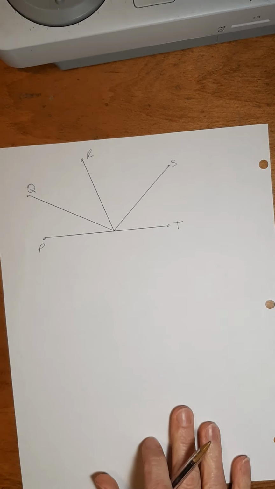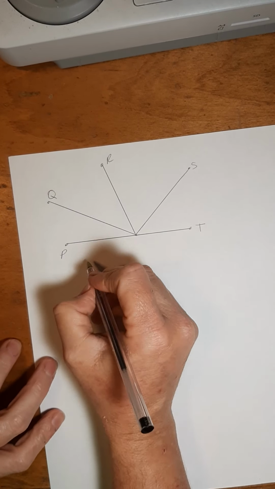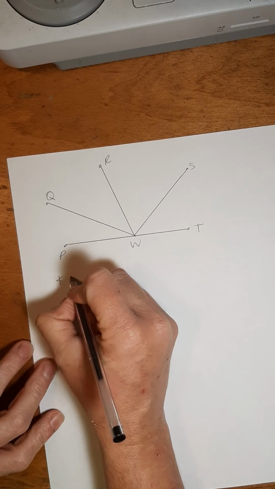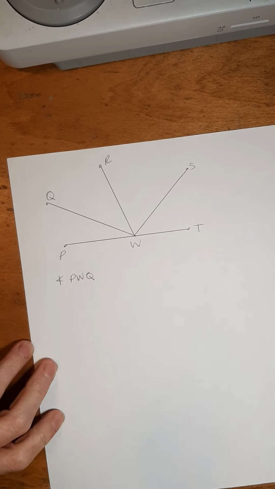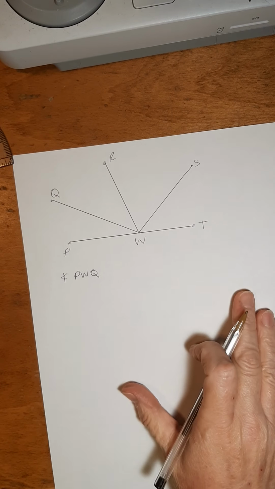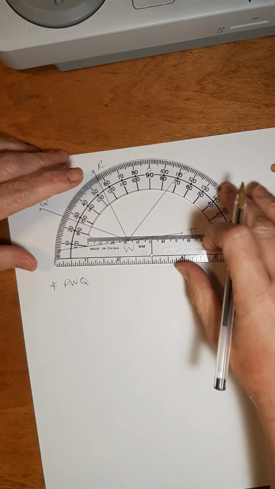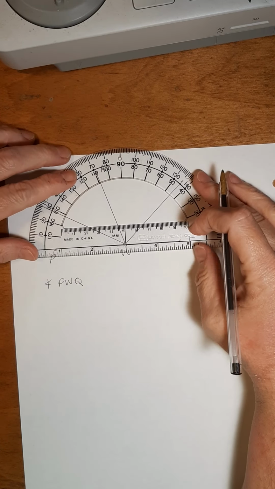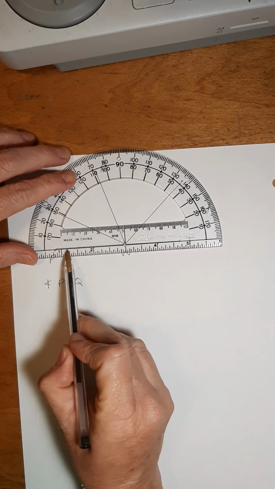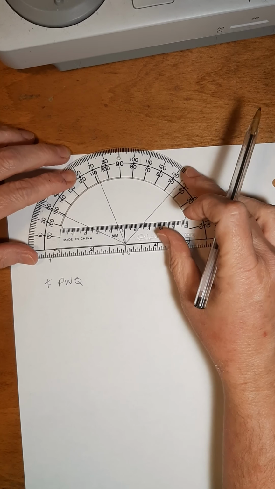So we'll say, I don't know, PQ. I will maybe throw one in here somewhere. T. So let's say I want to measure PWQ. Well, you're going to line the protractor up. Notice how the center is there the best I can, and the line is through there.